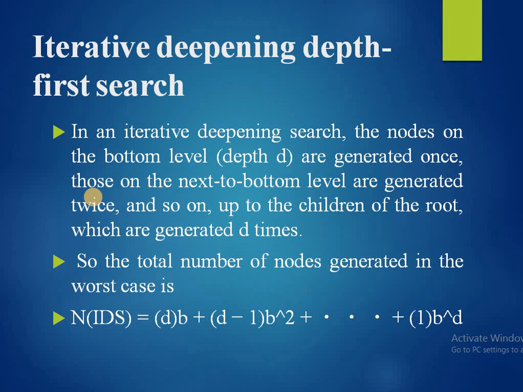So the total number of nodes generated in the worst case, N of IDS, the nodes of iterative deepening search, is equivalent to d times b, plus d minus 1 times b raised to 2, plus d minus 2 times b raised to 3, and so on, up to 1 times b raised to d.